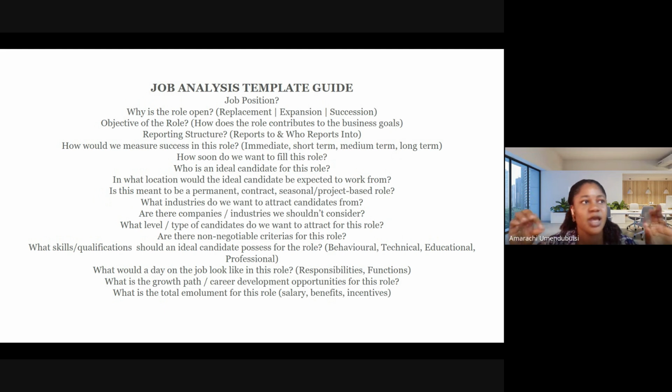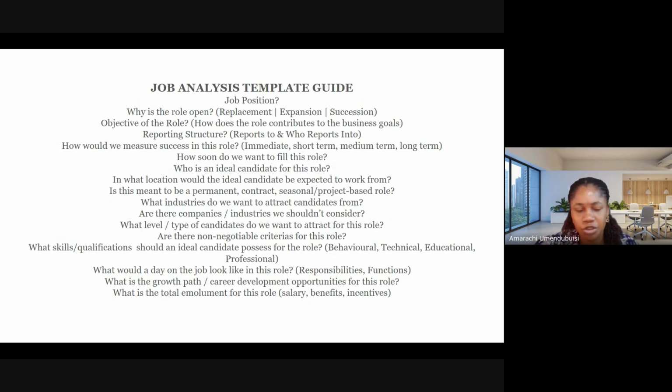You must be outspoken, your communication must be very fluent. You must not have to just go straight to the point when you're speaking. Again, who the person is reporting into will help you know the behavioral tendencies that will be required for that role, or what you need to pay attention to when it comes to the behavioral tendencies of talents you'll be engaging for that role. So it's very important.